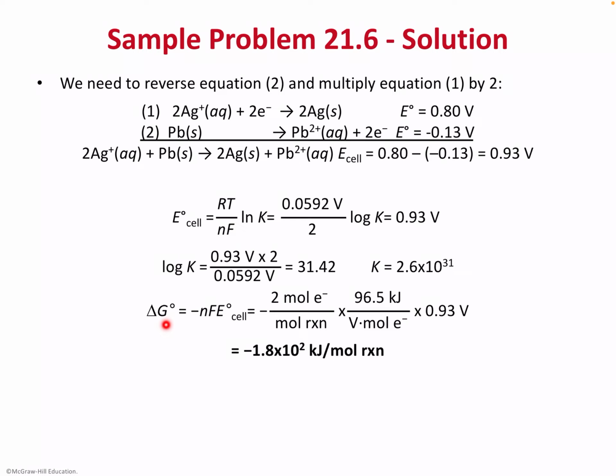And then we need to find out the delta G naught. We can use this equation, negative nF E naught cell. n is the number of electrons, which is 2, and this is the Faraday constant, and E naught cell 0.93. So we can find that also: negative 1.8 times 10 to the power 2 kilojoules per mole per reaction.